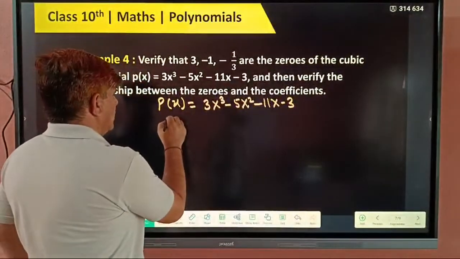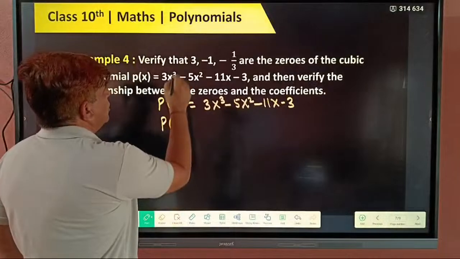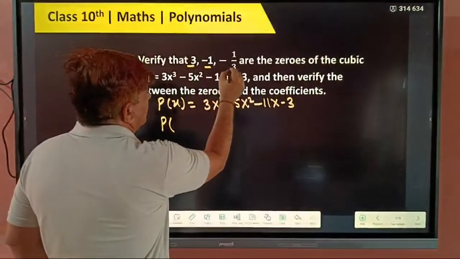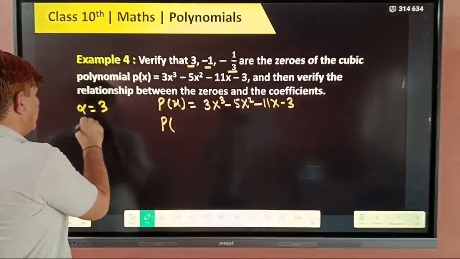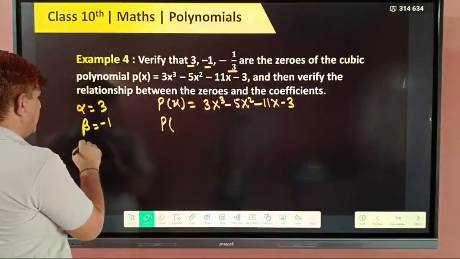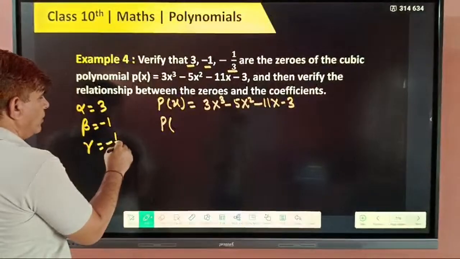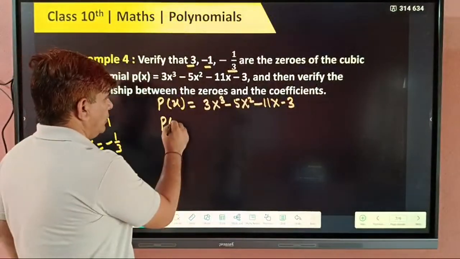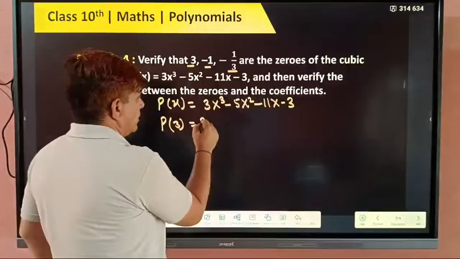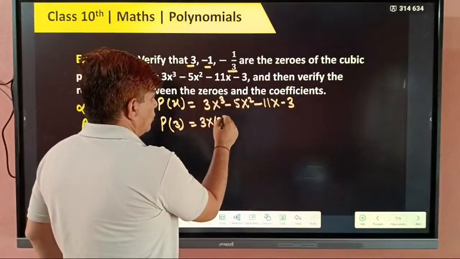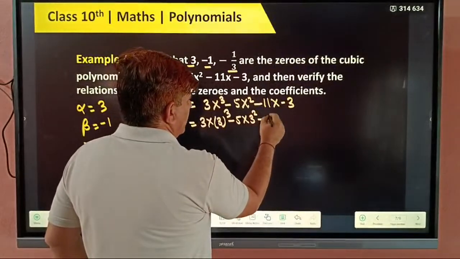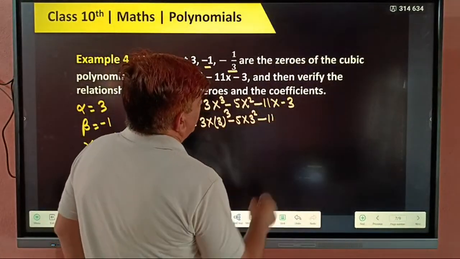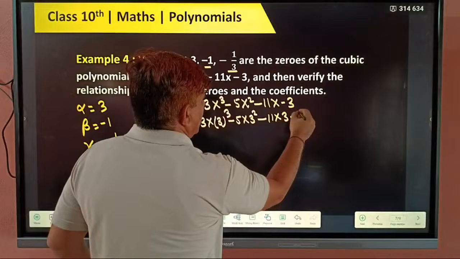So p of x. First, what are its zeros? 3, minus 1, minus 1 by 3. So we can say alpha equal to 3, beta equal to minus 1, and gamma equal to minus 1 by 3. So 3 we have taken. So what does it become? 3 cube minus 5 into 3 square, minus 11 into 3, minus 3.